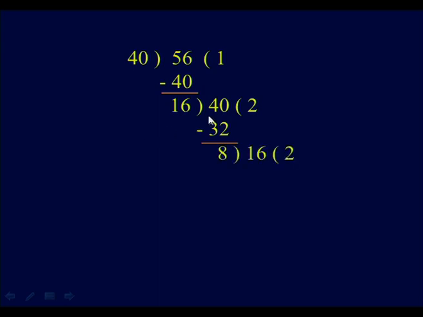Now 16, the second divisor, becomes the dividend and 8 is the divisor. So, 8 divides 16 twice. 8 twos are 16, and the remainder is 0. The last divisor here is 8. So, we can say that the HCF of 40 and 56 is 8.